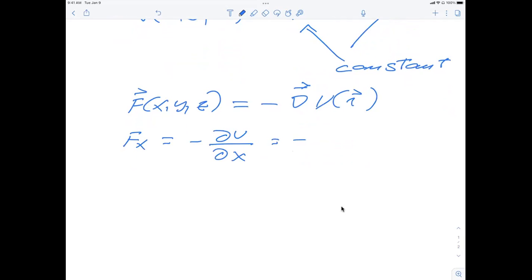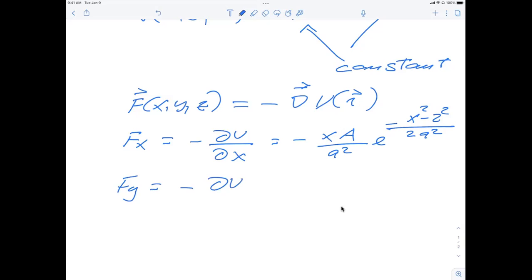When you take the derivative, that simply gives you minus x times a divided by a squared, and then e to the minus x squared minus c squared divided by 2a squared. So that's the x direction. If you do the same thing in the y direction, you will find the derivative with respect to y, and that is equal to 0.